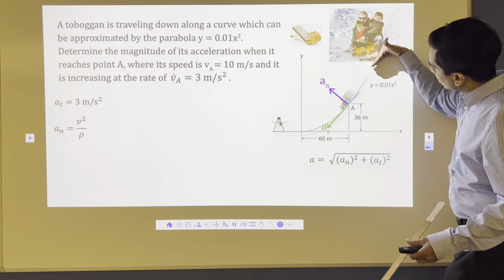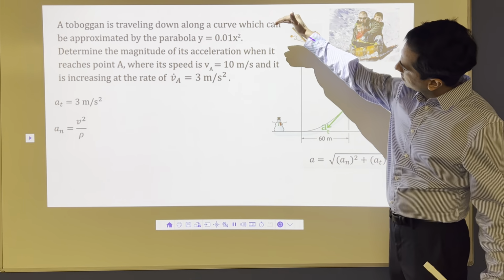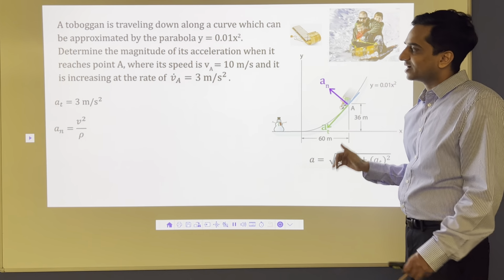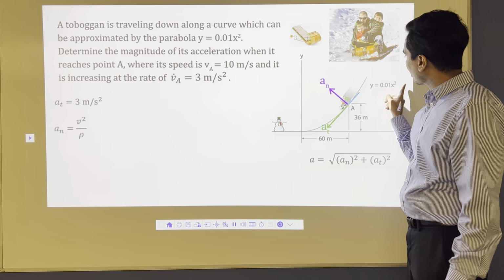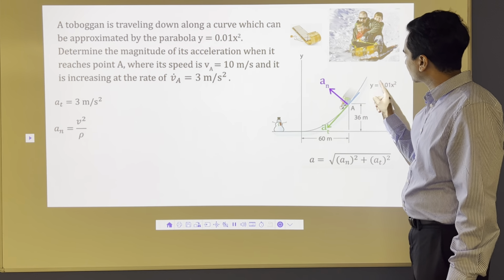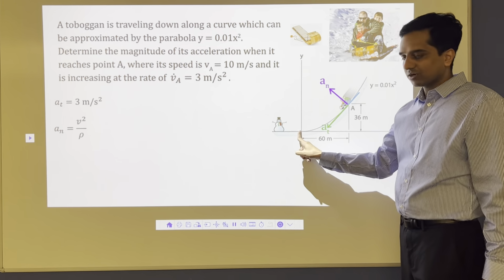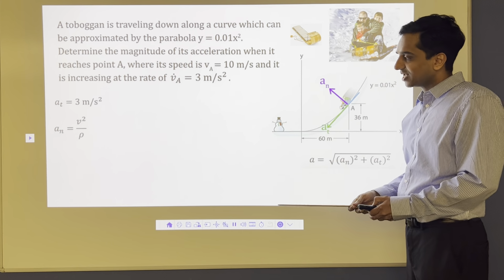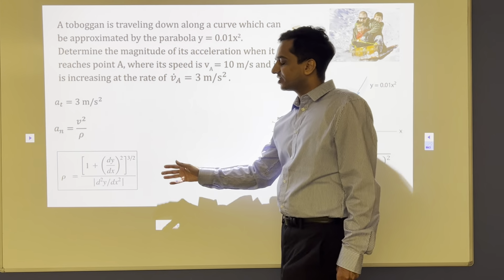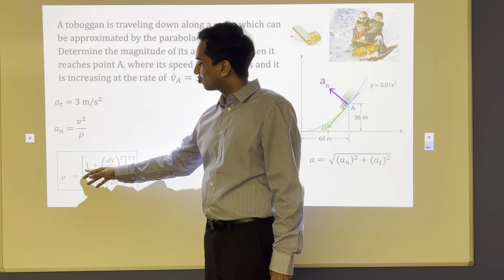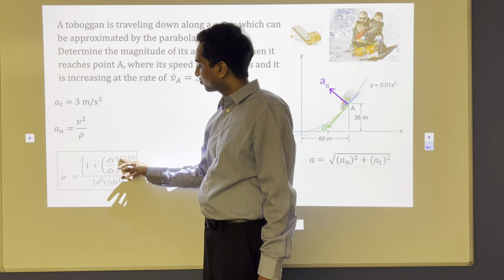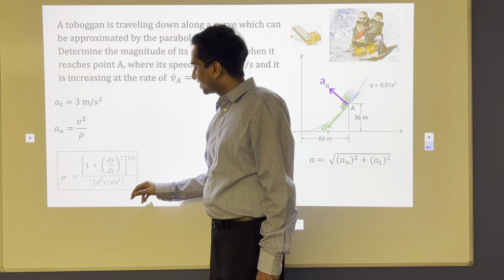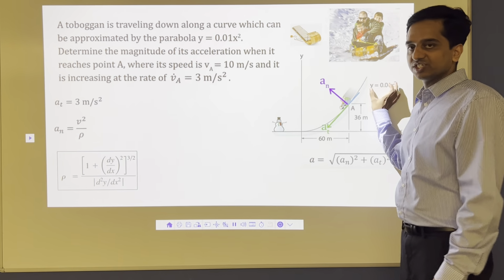So this is a curved path, and somewhere there we have a radius at a long distance, but we want to find that radius. In order to find the radius, we are going to use this part. We have the equation for the curve, 0.01x squared. To find the radius, this is the equation that is normally used: rho is equal to [1 plus (dy/dx) squared] to the 3/2 divided by the double derivative of this equation.